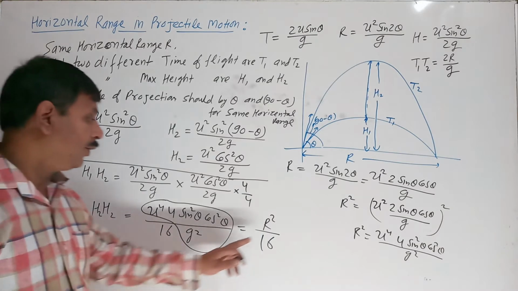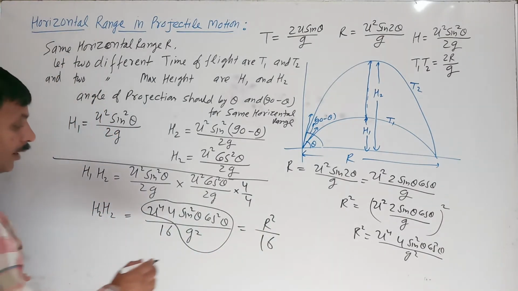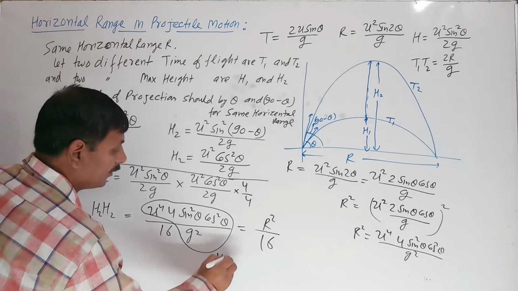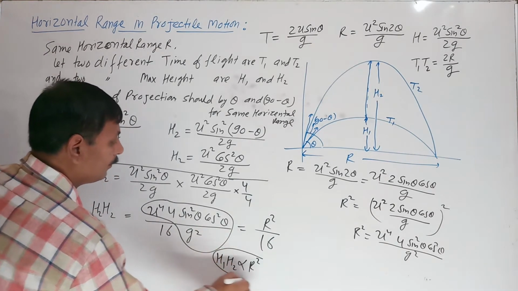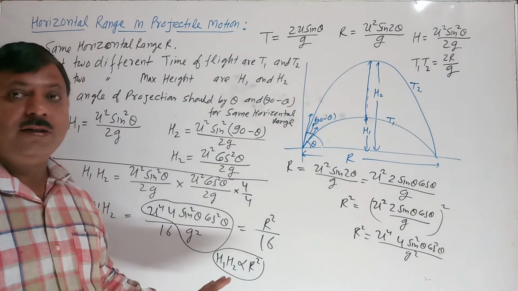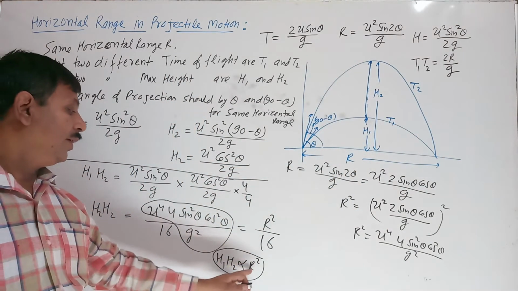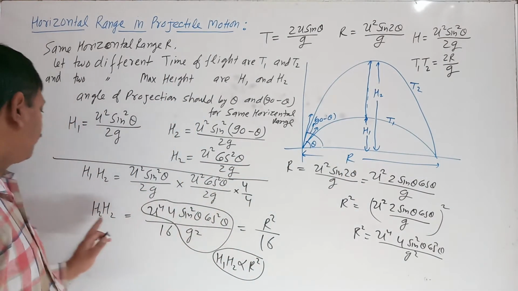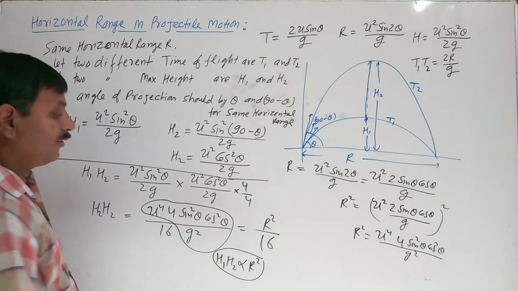H1 H2 is equal to what? R square upon 16. Here also you can see H1 H2 is directly proportional to R square. The product of different heights for the same horizontal range, H1 H2, is directly proportional to R square, or H1 H2 is equal to R square upon 16.